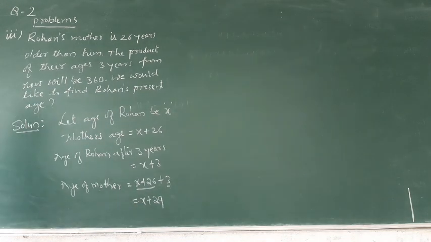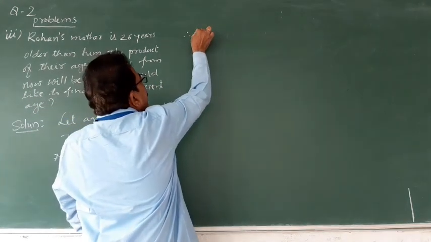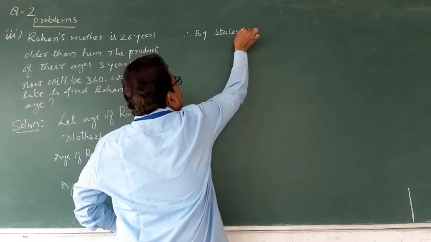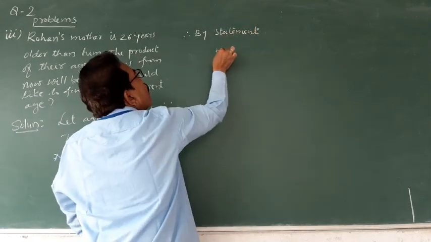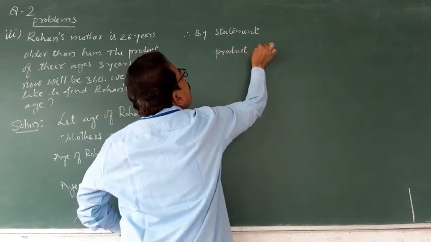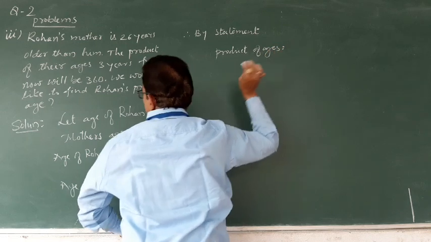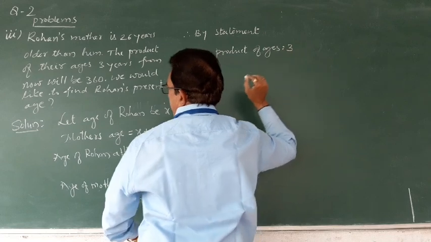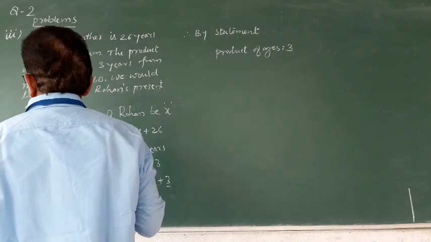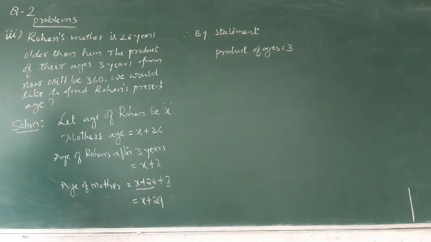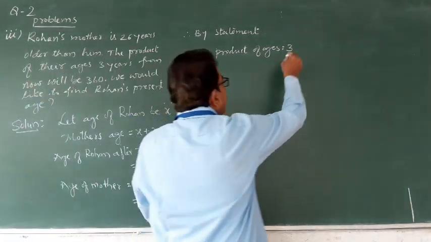So, according to the statement, the product of their ages equals 360.